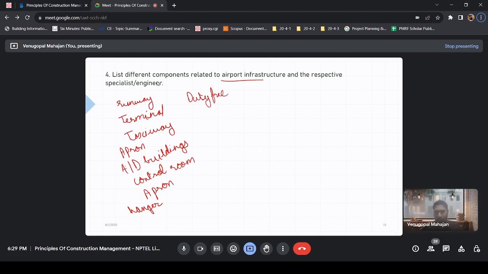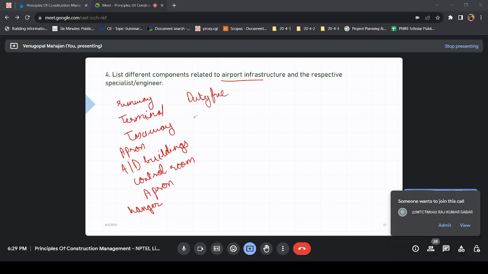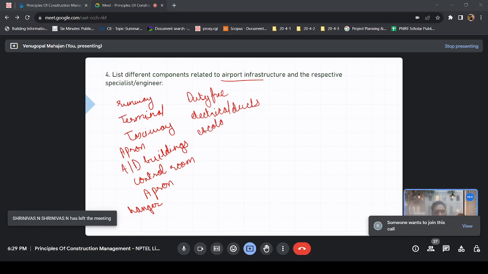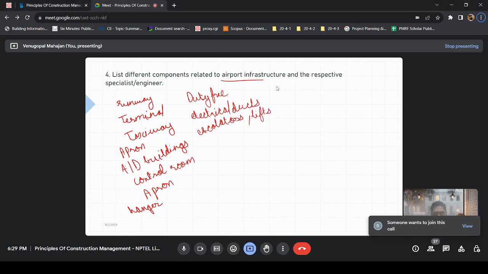Electrical ducts. Sir, for what purpose? For elevators, escalators, lifts. Security checking, fire station, fire staff station, staff quarters.